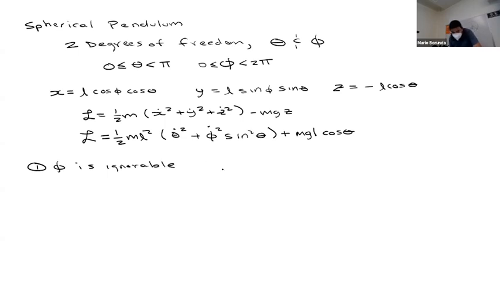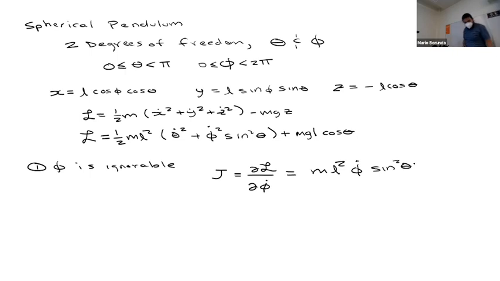And from Noether's theorem, we have that there's a quantity, I'm going to call it J, that if I take the Lagrangian and differentiate it with respect to phi dot, I'm going to get mL squared phi dot sine squared theta. And this is always a constant. So this is from Noether's theorem, right? That we know that there's a symmetry here and that there's a conserved quantity. So that J is related to the angular momentum.